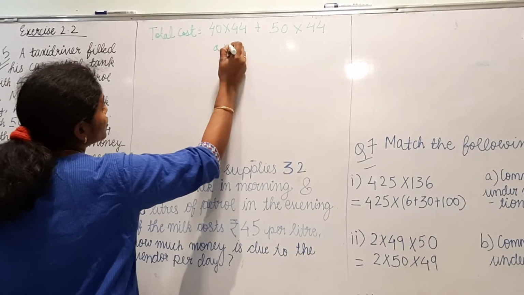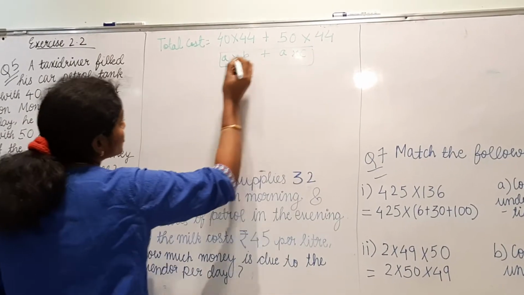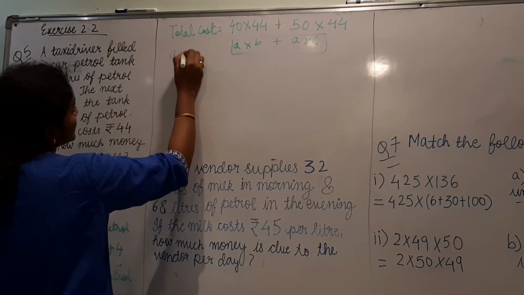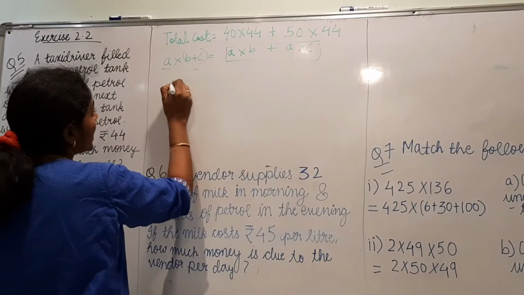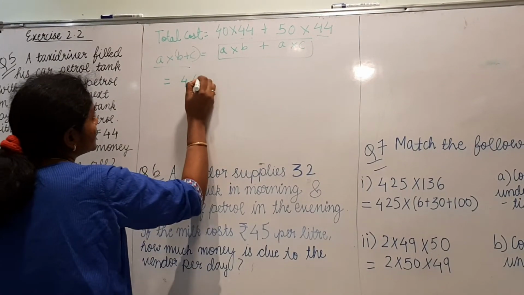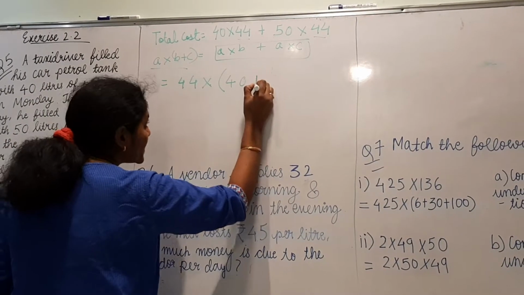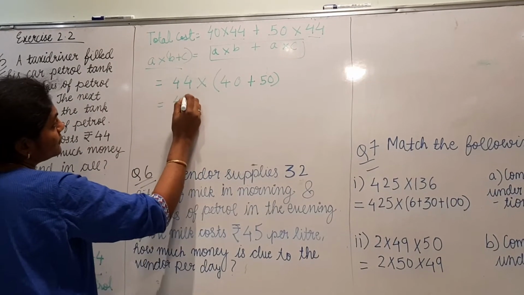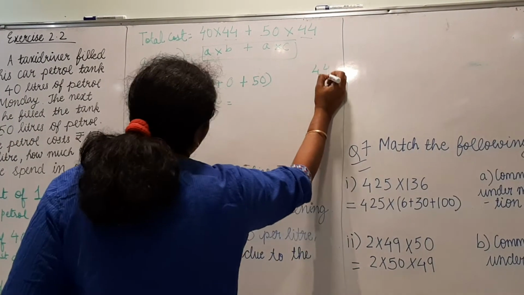This is A into B plus A into C. So the answer will be A into B plus C. I will write A, which is 44, into B, that is 40, plus C, which is 50. So this is 44 into 90.